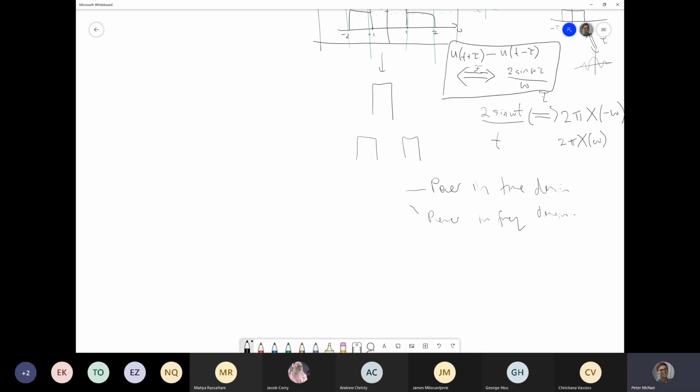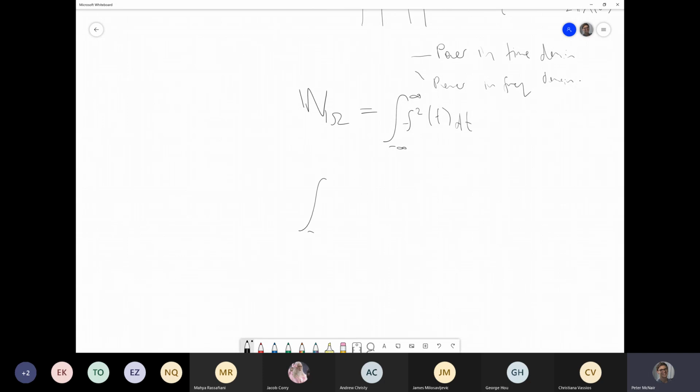So what it's asking for is the work over a 1 ohm resistor, and we take f squared because it's power, right? And what it wants you to show is that this integral from minus infinity to infinity of f squared of t dt is the same for mod of F omega squared.